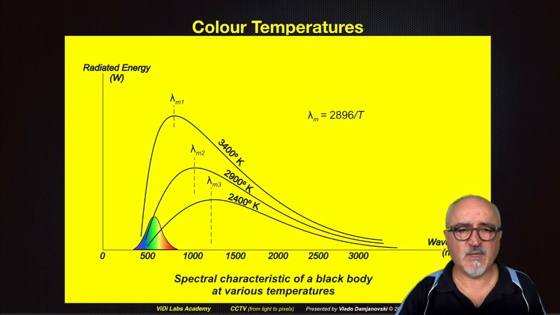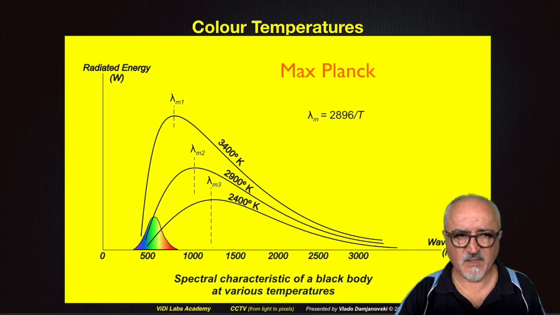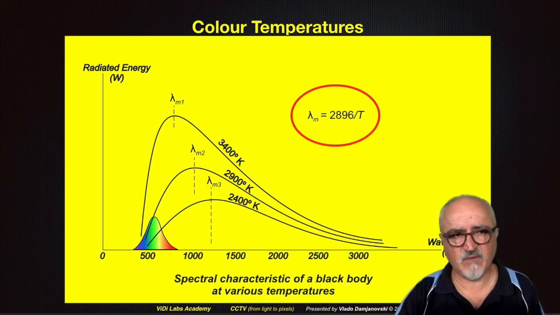It was proven by the physicist Max Planck, whose formula explains the relationship between the peak wavelength radiated and the temperature to which the body is heated up. This formula is shown in this graph as lambda maximum equals 2896 divided by the temperature in Kelvin degrees.